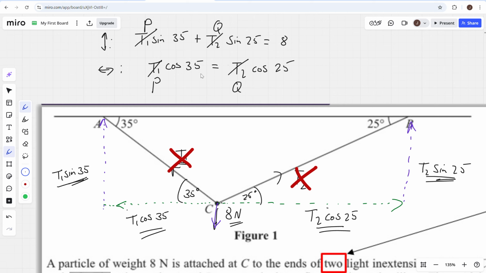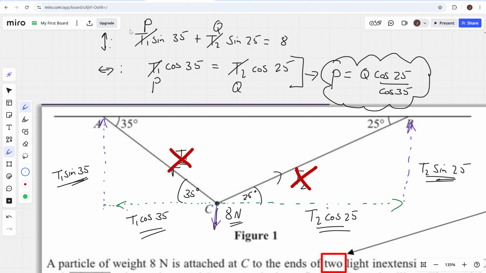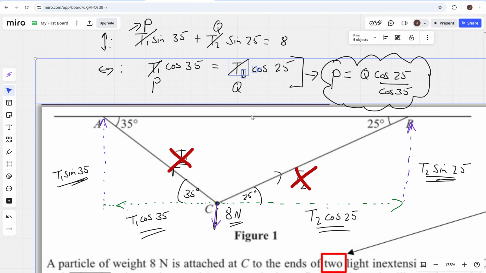Well, probably the easiest way is to rearrange this one underneath. So you could do something like P equals Q cos 25 over cos 35, yeah? And then use this one in this one here, okay, and you are able to get to something.